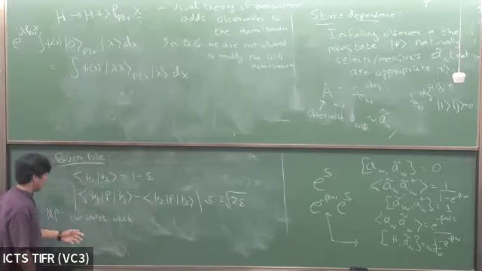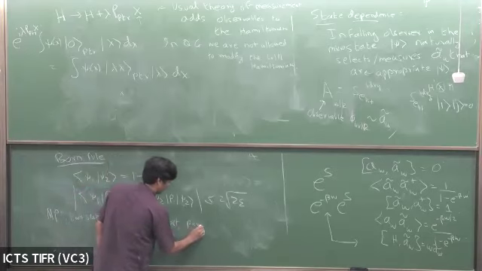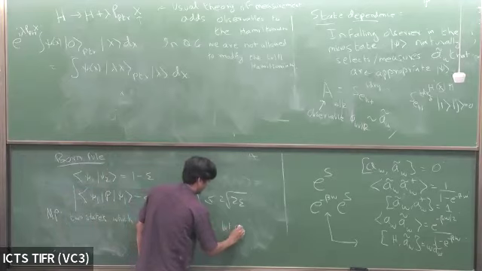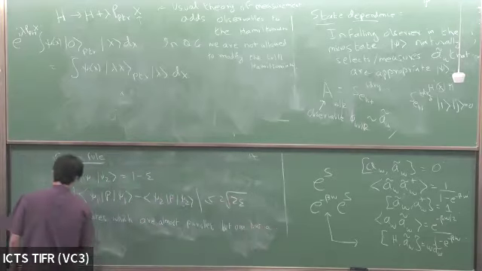The paradox they had was, you can find two states which are almost parallel, but one has a firewall and the other doesn't.